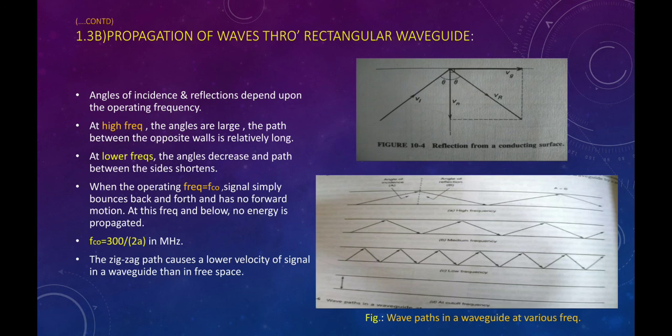Below the cutoff frequency fco, no energy is propagated into the waveguide. The cutoff frequency is calculated as fco is equal to 300 by twice A, where A is the longer dimension of the rectangular waveguide, and the calculated value is in terms of megahertz. The zigzag path causes a lower velocity of signal in the waveguide than in free space.